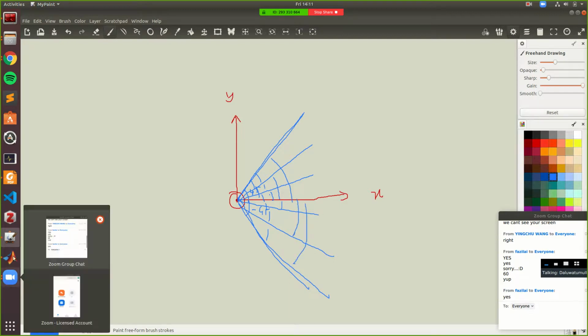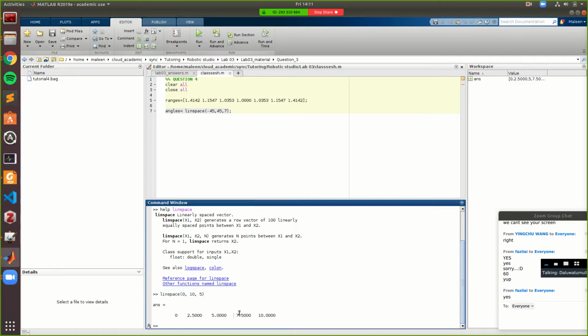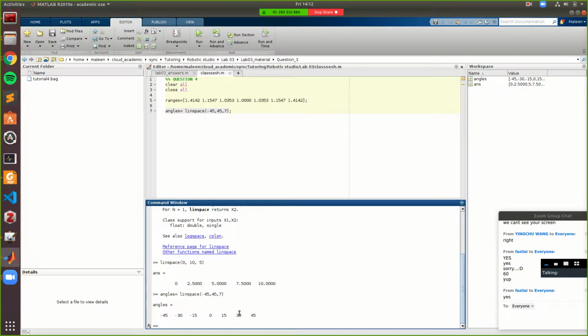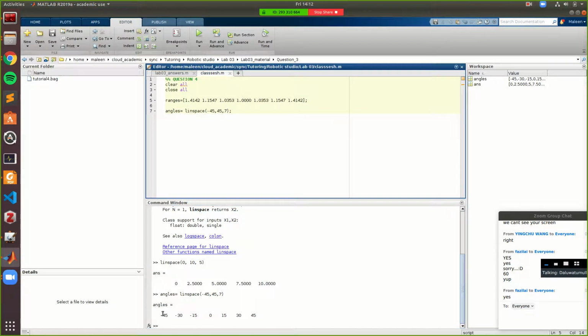If I run this, I'm getting all the angles that I need: minus 45, minus 30, minus 15, 0, 15, 30, 45. Each of these ranges will correspond to one of these angles.